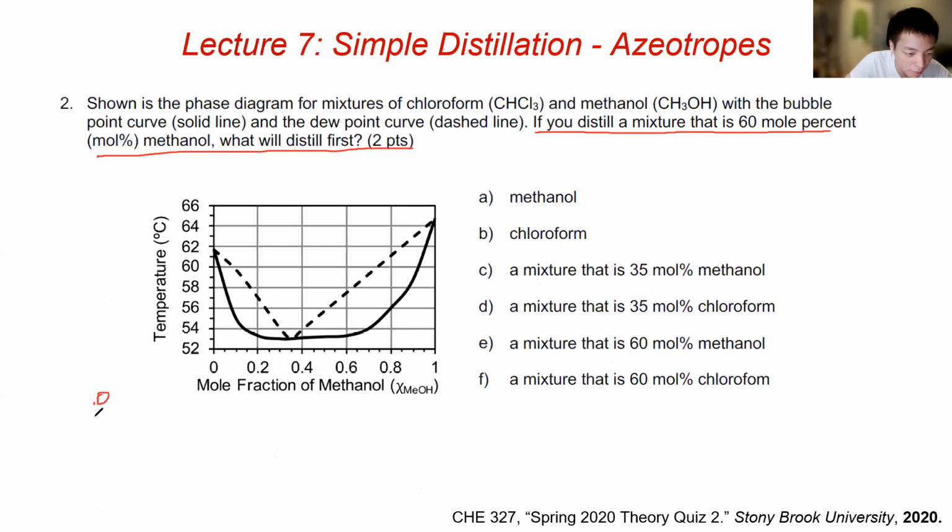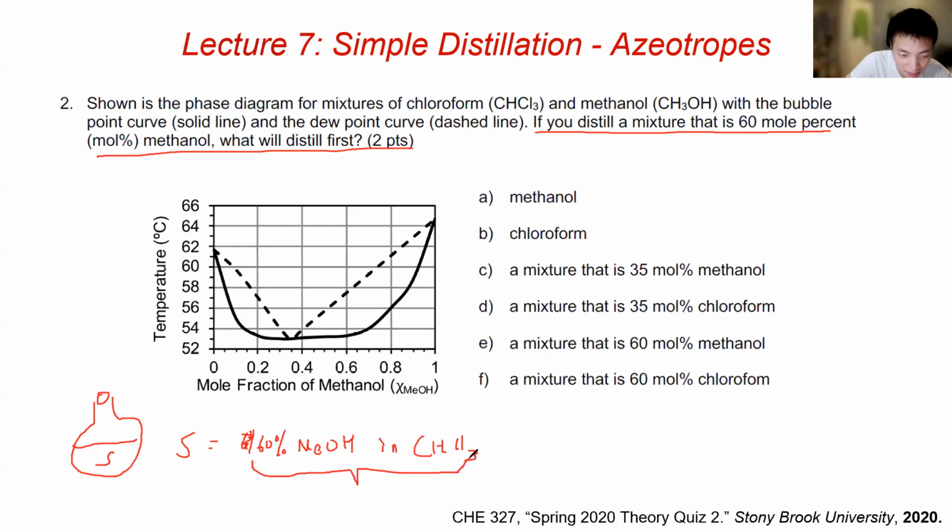So we have 60% of methanol in chloroform, and we are distilling it.